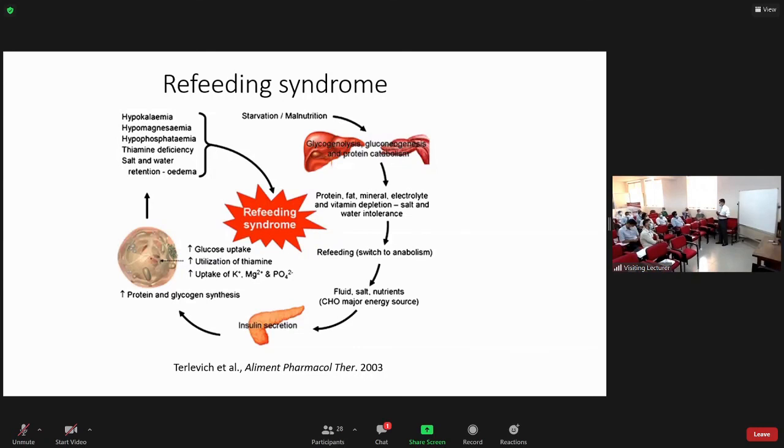But BMI less than 20 is not the diagnostic criterion of malnutrition. One of the criteria. Yes, if the BMI is less than 18.5, in certain guidelines it is recommended the patient is malnourished. If it is less than 16, severe malnutrition. That is one criterion. But in the screening, less than 20, then you go for the next step.